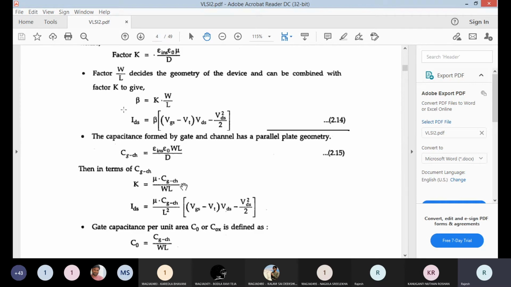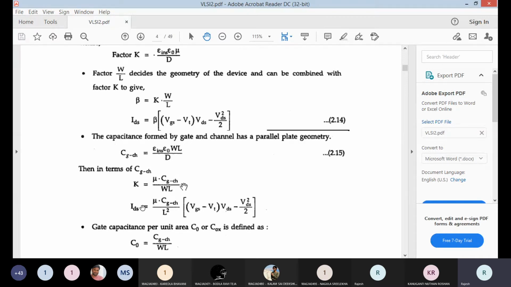Now we want to get equation of current in terms of capacitance. So we are covering one more point. Already we are having K equal to epsilon insulator epsilon naught mu by D. If you combine them, you get one equation for K in terms of CGCH.